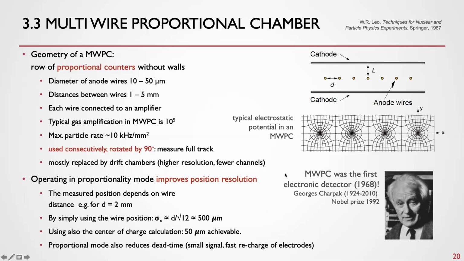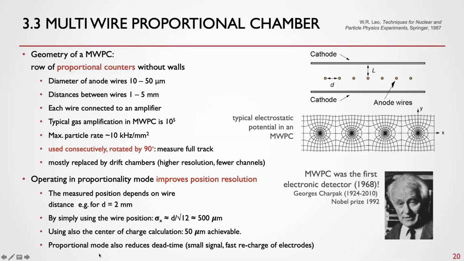Now, because Charpak operated his detector in proportional mode, you have a large ionization signal where the track is close, and you have a faint ionization signal where the track is a little bit further away. And this allows you to interpolate, and this interpolation gives a resolution that's a factor 10 times better. So we have a position resolution that's a factor 10 better because we're operating in proportionality mode with electronic readout.